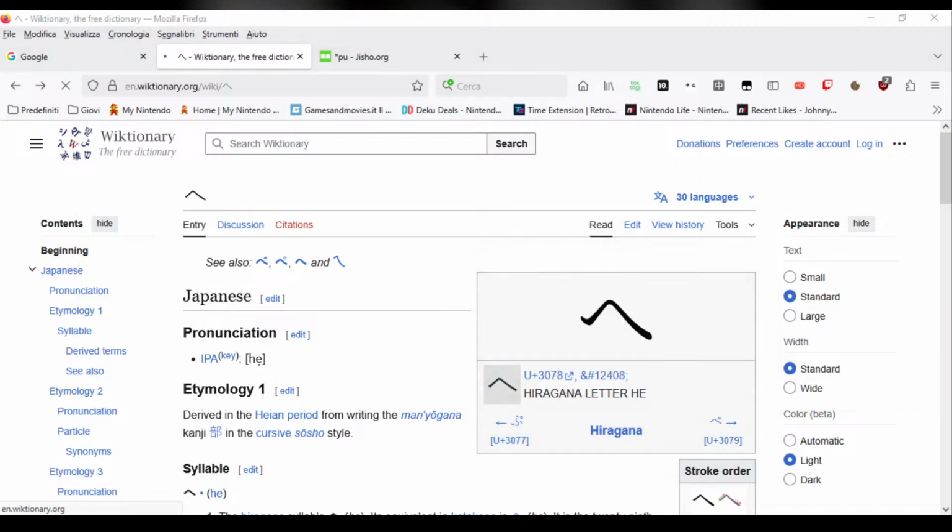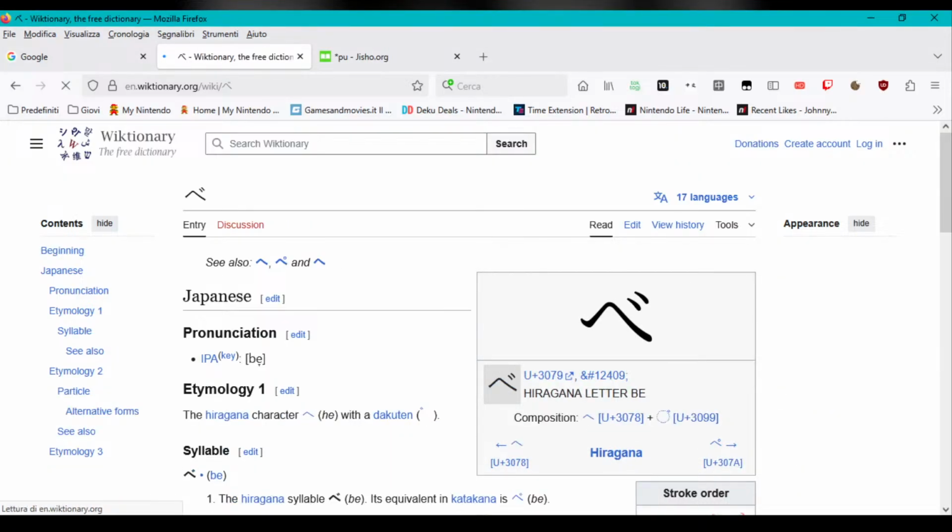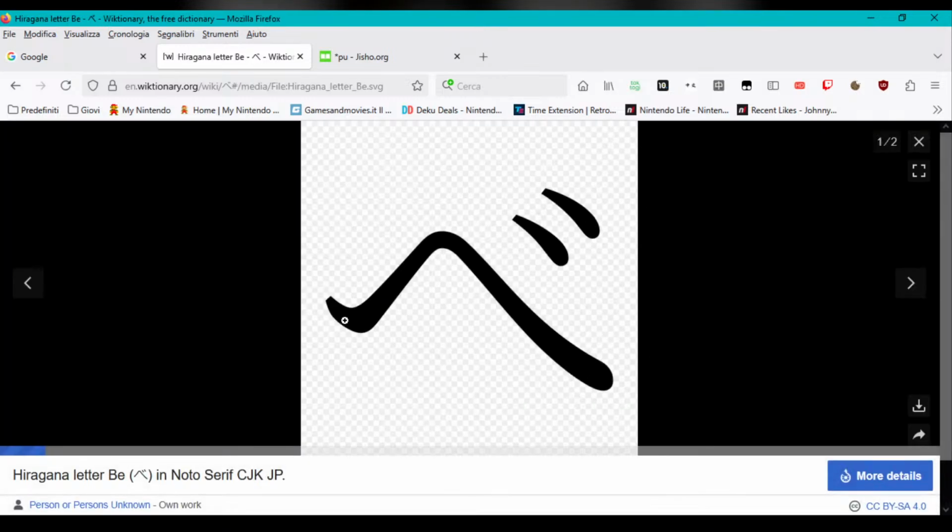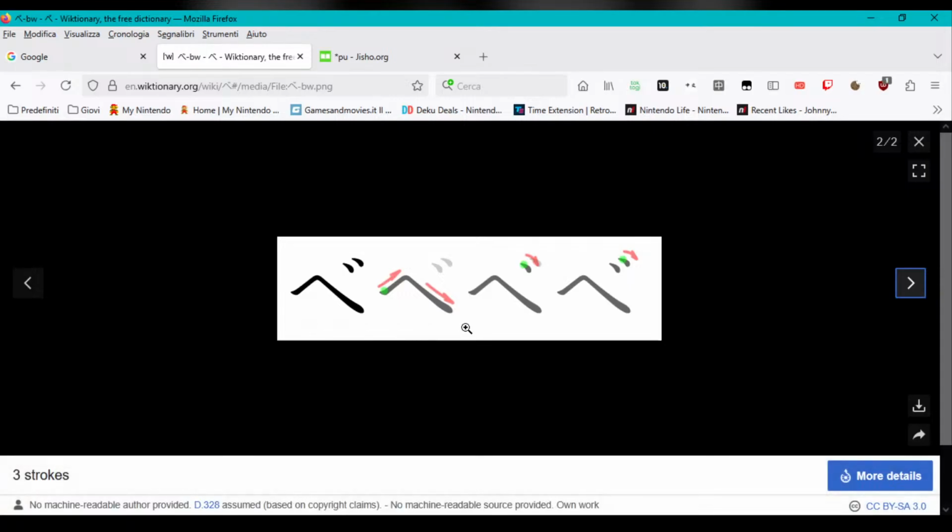Then we can see be by adding the dakuten. Again, we start by writing he, single stroke left to right, and the dakuten, the 2 commas, left to right, 2 commas, as seen also here with the arrows.